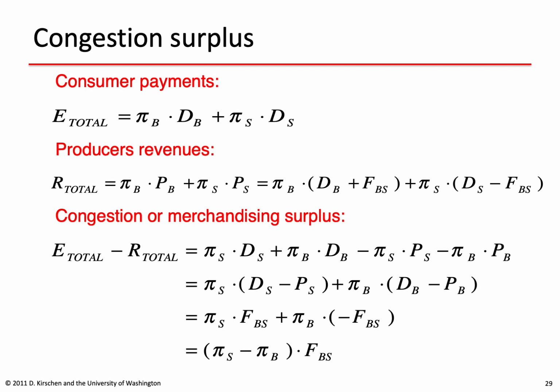So subtracting the two quantities that we have expressed and rearranging, we find that this is the price in Syldavia times the difference between the demand in Syldavia and the production in Syldavia, plus the price in Borduria times the difference between the demand in Borduria and the production in Borduria, which is the price in Syldavia minus the price in Borduria, times the flow between Borduria and Syldavia.